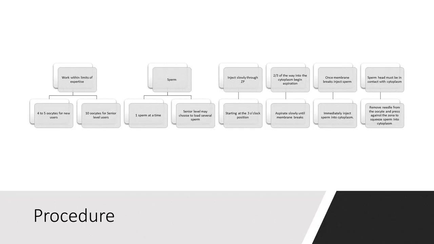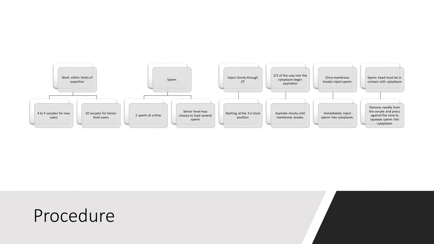Once the membrane breaks, immediately turn the opposite direction and begin to inject slowly. Push forward just slightly to get into the oocyte and release the sperm gently into the cytoplasm of the oocyte. The ICSI video at embryodirector.com is a great demonstration of this process.